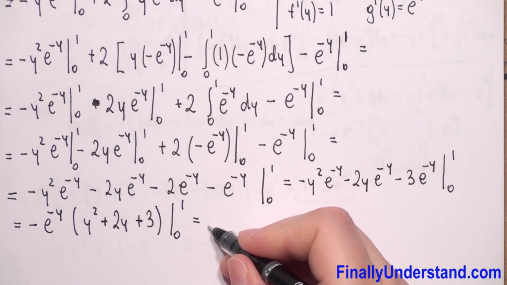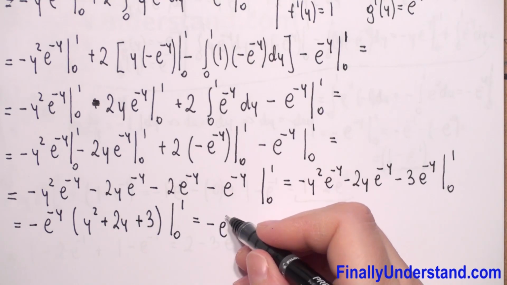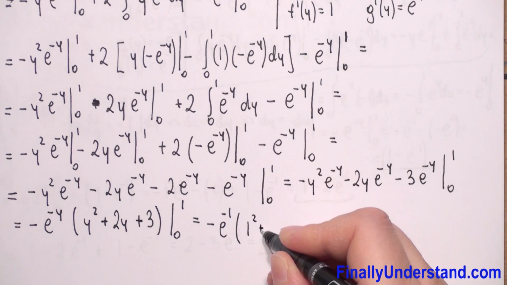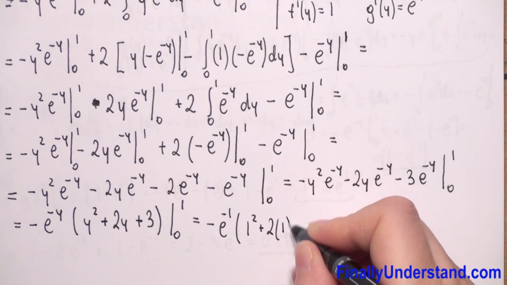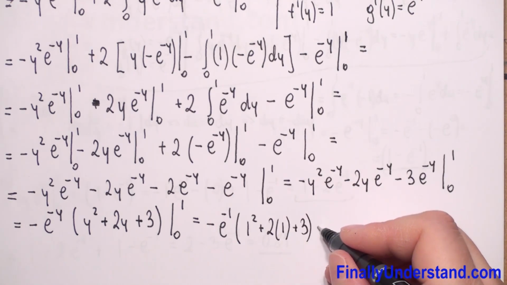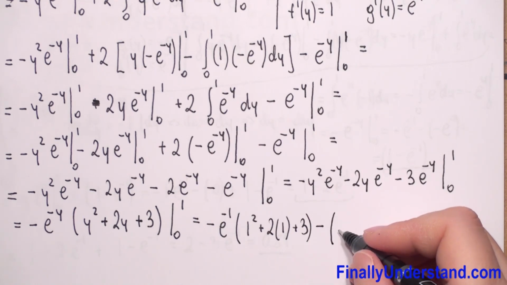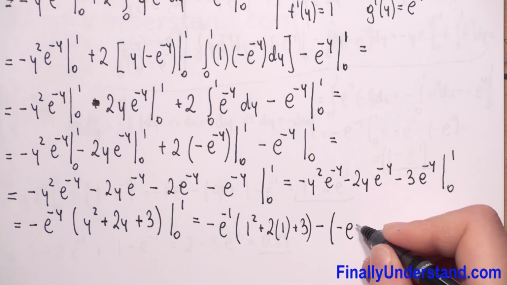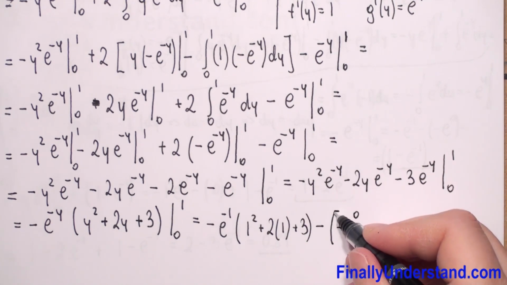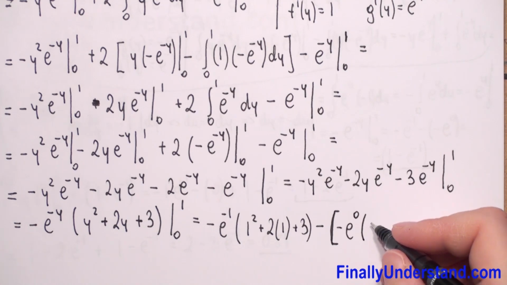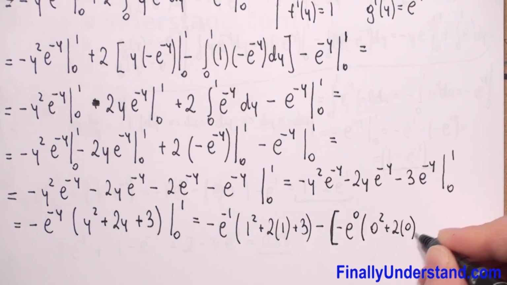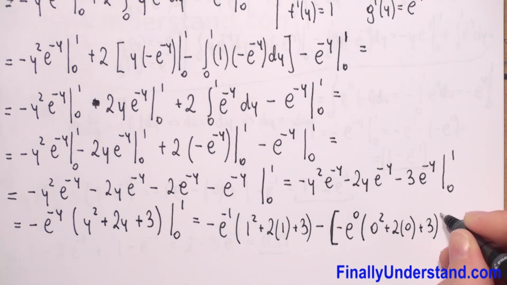So it will be negative e to power negative 1, and in parentheses we will have 1 squared plus 2 times 1 plus 3. And we have to subtract the lower limit, so it will be minus, and in parentheses we will have negative e to power 0. Let me put this in brackets, and now I will open parentheses, it will be 0 squared plus 2 times 0 plus 3, close parentheses and brackets.